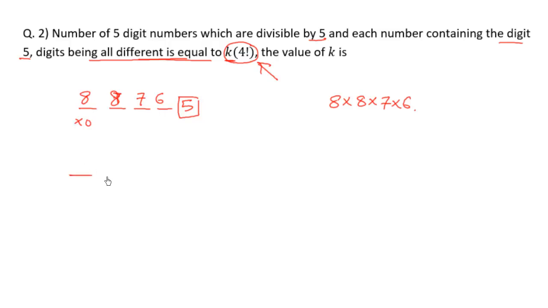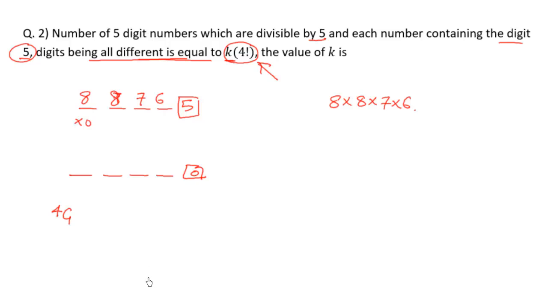Now let us take the next case in which the last digit is fixed to be 0. Clearly we have to use one digit to be 5. That digit 5 can be in this place, this, this or this, that is, any one place out of these 4. So selecting the place for digit 5 can be done in 4C1 ways.